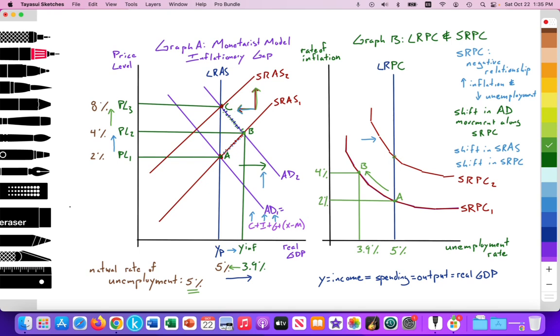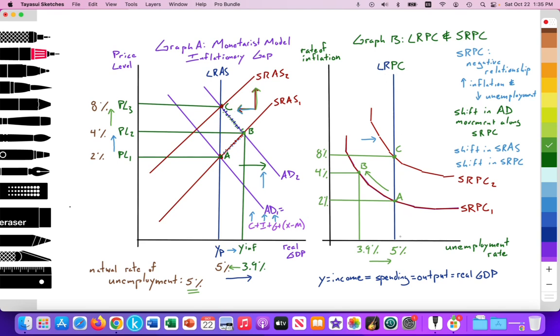So here, where the short-run Phillips curve intersects with the long-run Phillips curve, that would be point C. Here we see a rise in inflation going from 4 to 8%. And we also see a rise in unemployment from 3.9 to 5%. The economy gravitating back towards that long-run equilibrium.